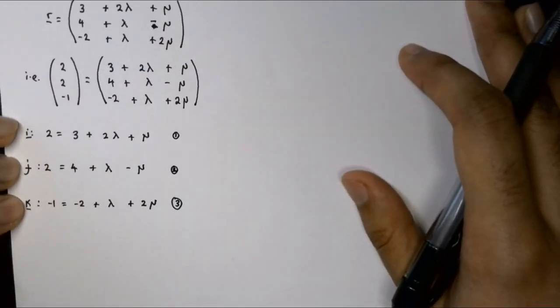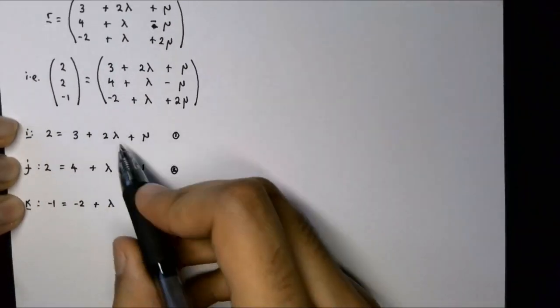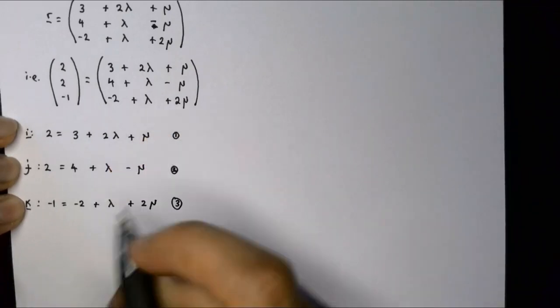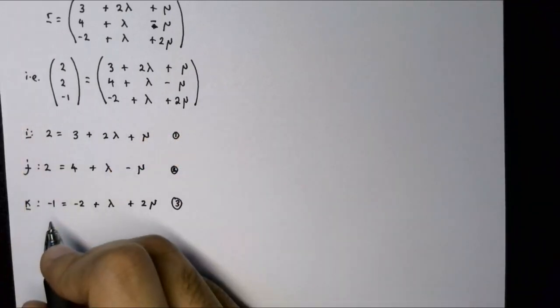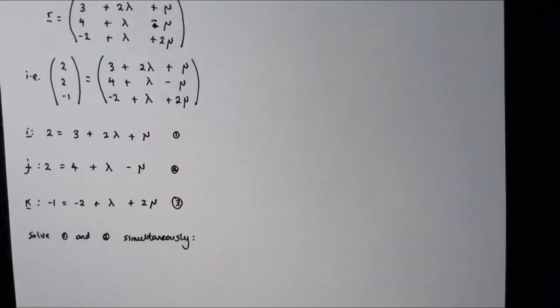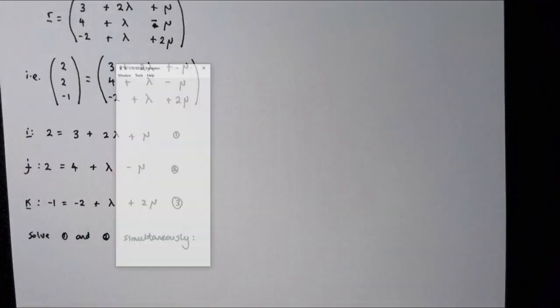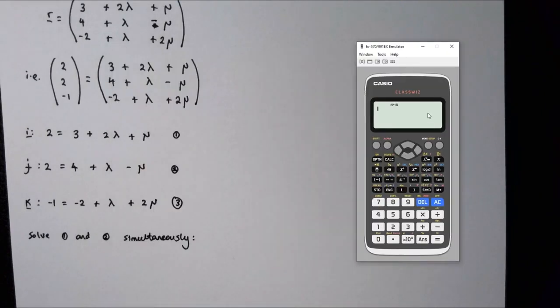Okay, so if we solve equation 1 and equation 2 simultaneously, we can go to our calculator, and if we go to the simultaneous equations solver feature on our calculator, we have two equations, two unknowns. So if we take a look at this first equation, we've got 2 lambda plus 1 mu, and if we take this 3 over to the left hand side, 2 minus 3, that's minus 1.